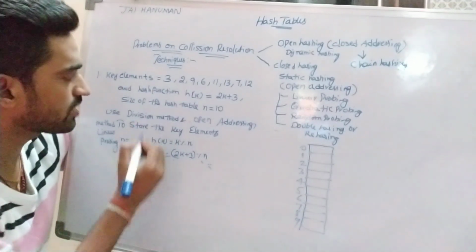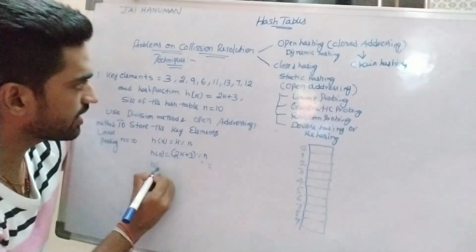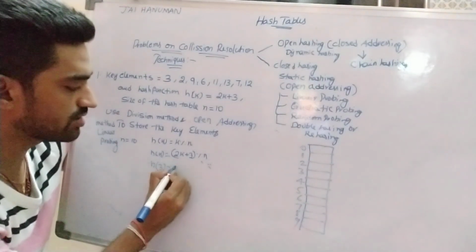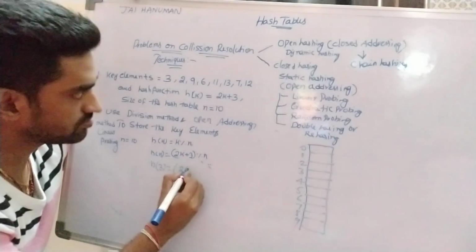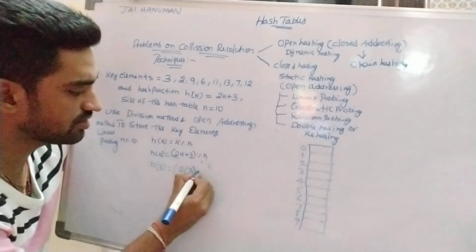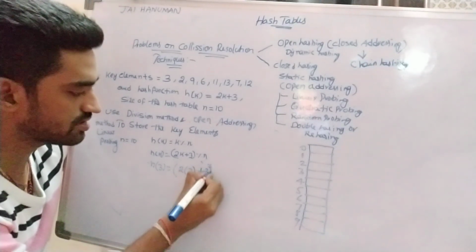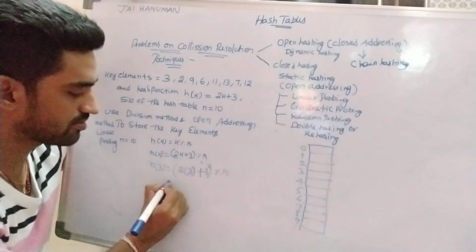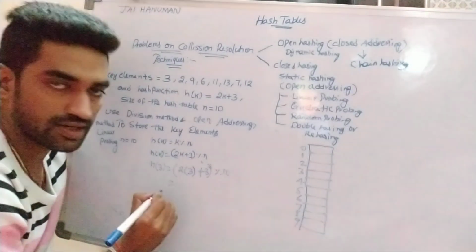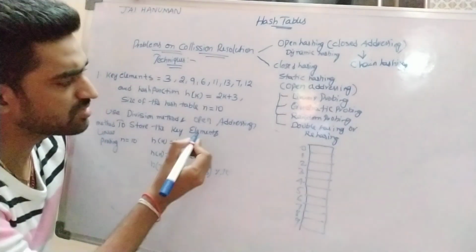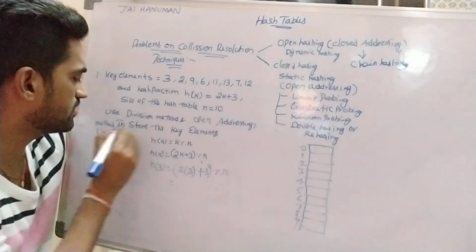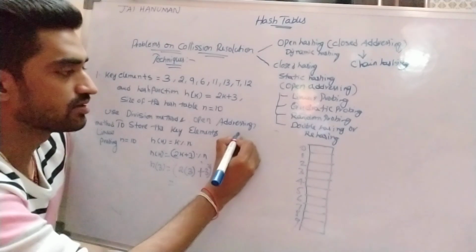So here we are inserting the key values one by one. H of k, h of 3 is equal to 2 into 3 plus 3 modular division of 10. What is the formula for the open addressing method, linear probing?